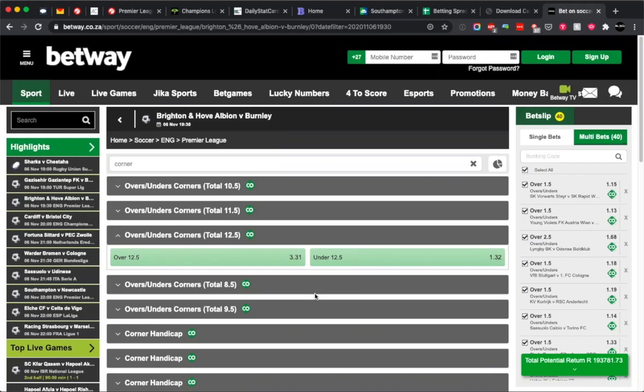So it just depends on what site you're using. On Betway, the lowest you can find is over 8.5. On, I think, Sporting Bet, it should be over 7.5. And I think this Melbet that I'm using, you can even find over 5 corners, although the odds are very low.